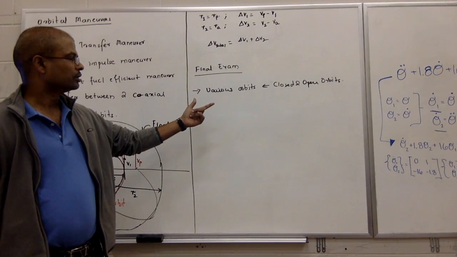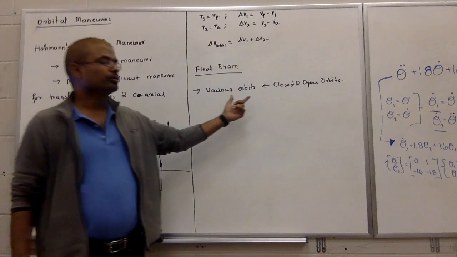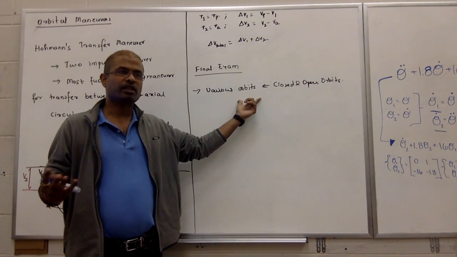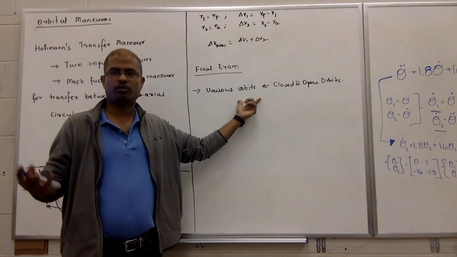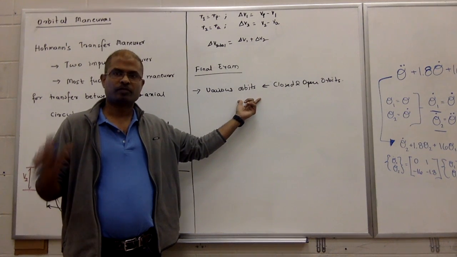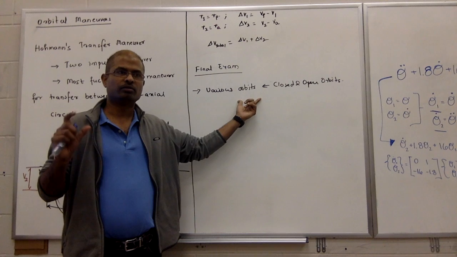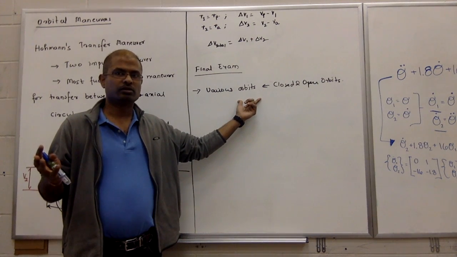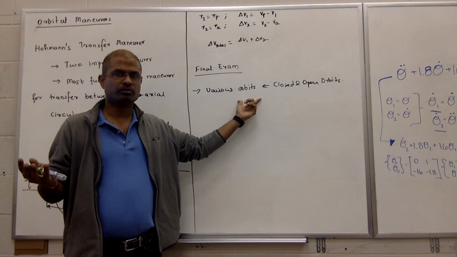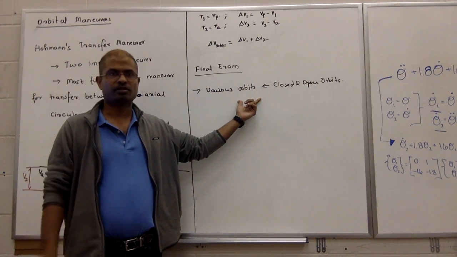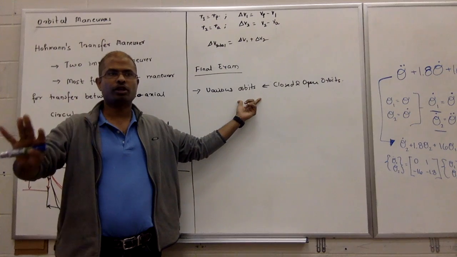I expect you to be able to draw and label things like perigee, apogee, perigee radius, apogee radius, altitudes, center, foci, occupied focus, unoccupied focus, all those things. Simple relationships, and simple problems in this. No derivations. I won't give you any derivations.